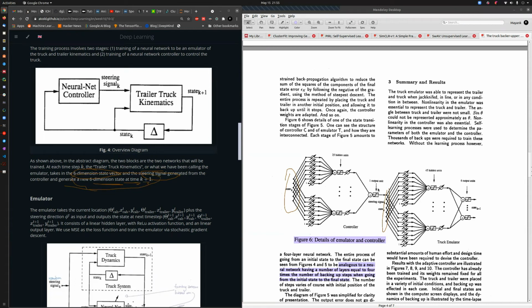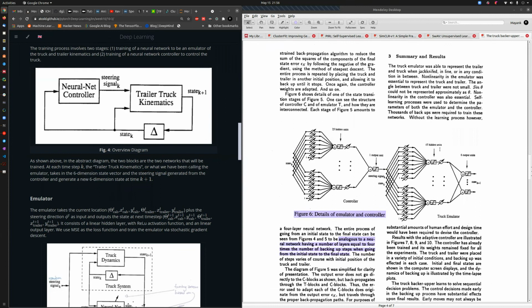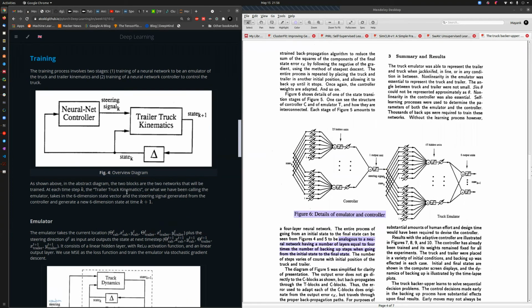So this is the steering signal, and they generated this here. So this is the details of the emulator controller, which we can see. This gives a visual representation of the details of the training and the architecture that they have defined.